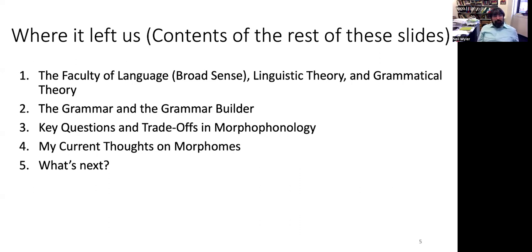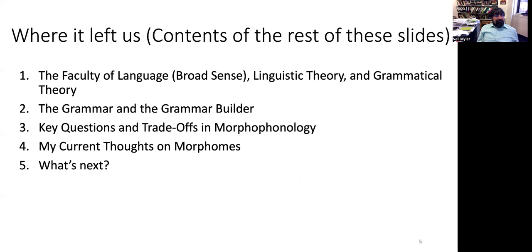So 1 or 2 people in the class hoped that I would put together some kind of overview of where I thought things stood, or at least my opinion on where things stood after everything that we've read and talked about. That is what this slideshow is about, and this is the contents of the rest of the slides.